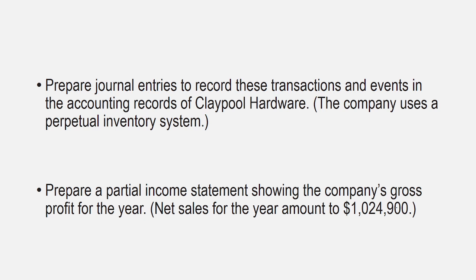By the end of this tutorial, you will be equipped to handle journal entries and gross profit calculation like a pro, ensuring your financial records are both accurate and insightful. So let's dive into the details and solve these transactions step by step together.